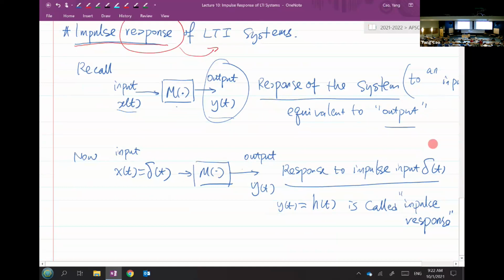That's how you interpret the so-called impulse response. Impulse response is the system output when the input is an impulse signal.